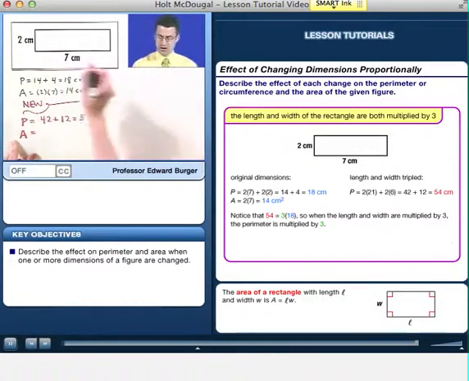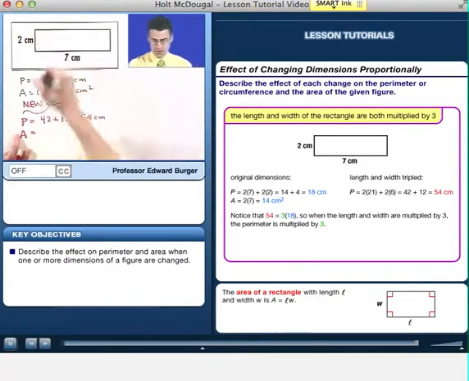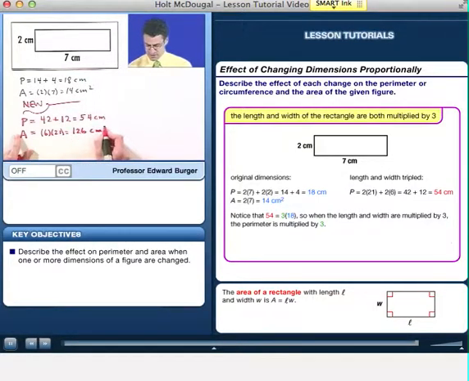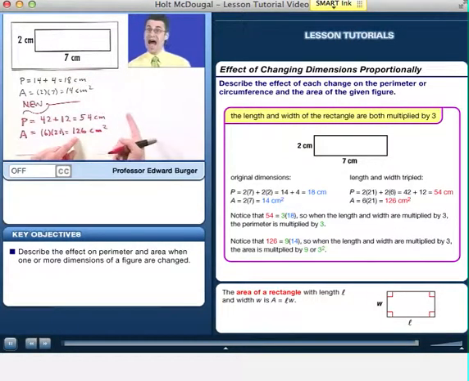So I take this long length, which is now 21, multiply by the width of 6. And so I see 6 times 21, which equals 126 centimeters squared. And what do I see? How does that compare to 14? Well, the area has actually been increased by a factor of 9.